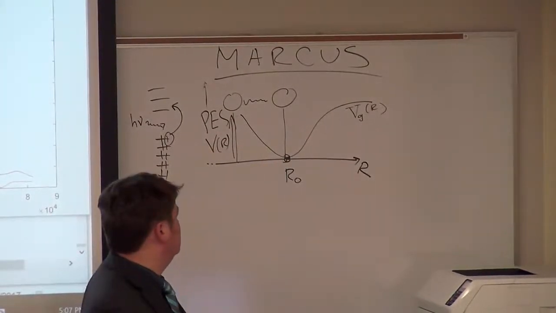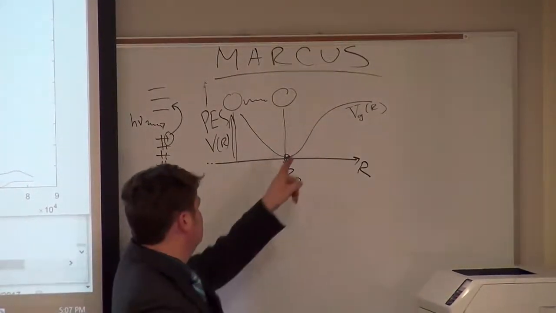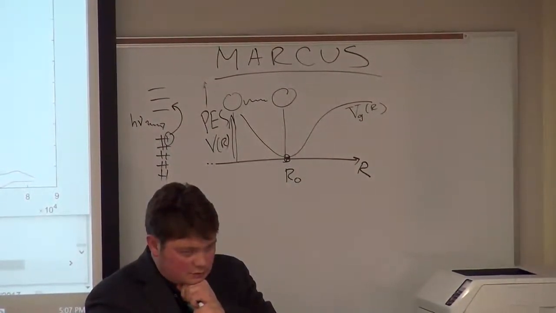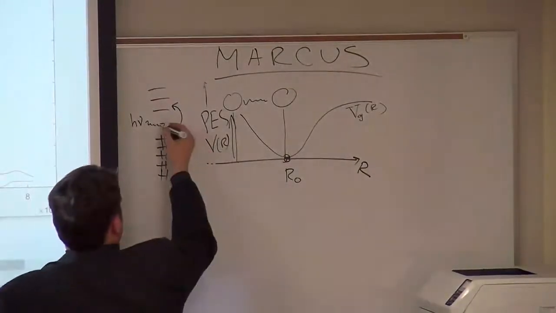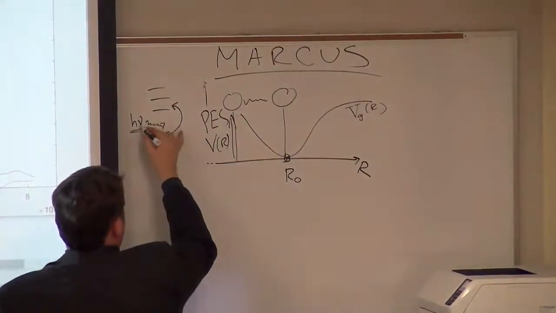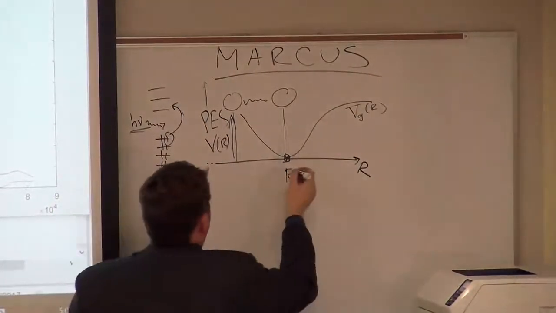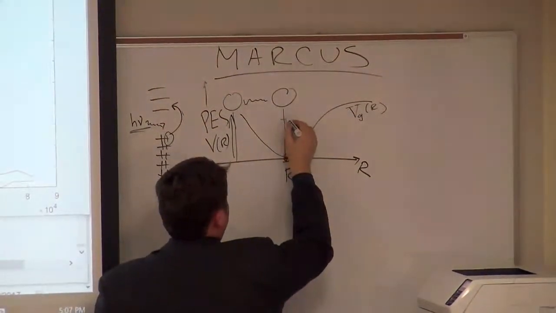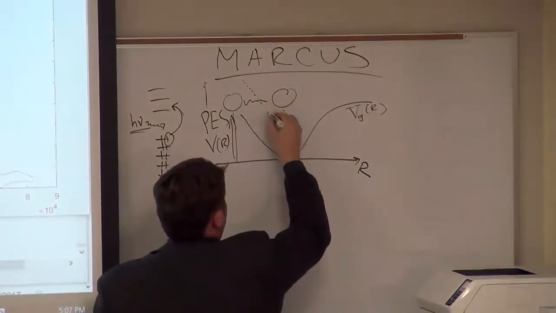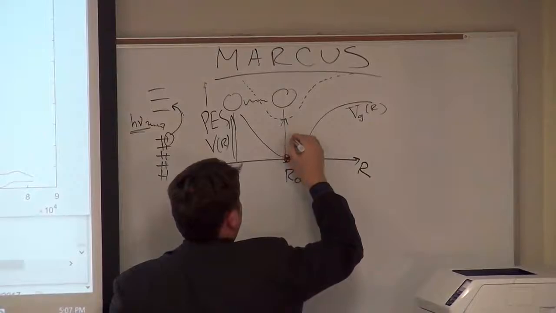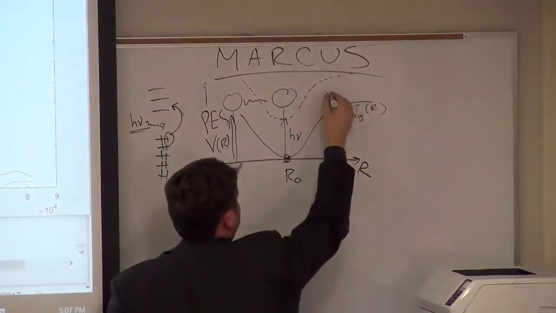What would happen to this potential if we change electronic state of the system? Like if there is this h bar omega, h nu, we can assume that there will be a shift of the potential higher up by the value h nu.